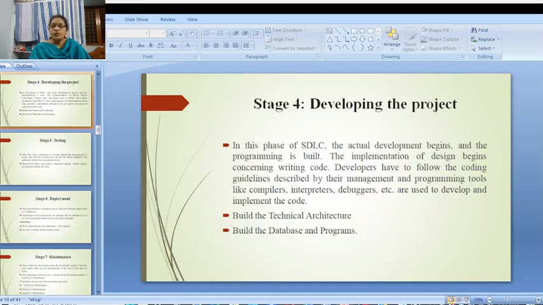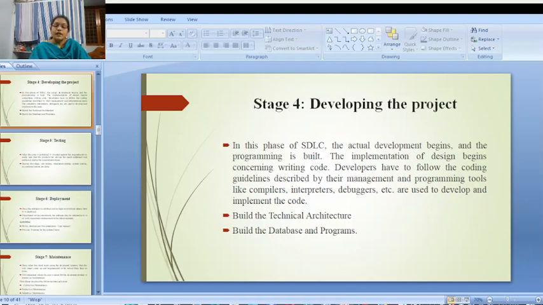Each component of the design is implemented as a program module, and the end product of this stage is a set of program modules that can be integrated and implemented after testing them. The activities in this phase are building the technical architecture and building the database and programs.